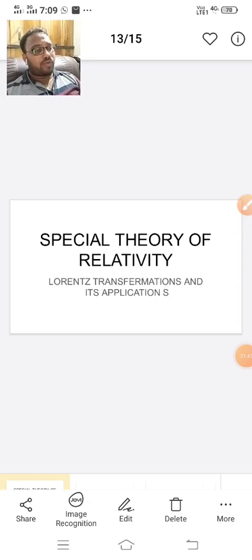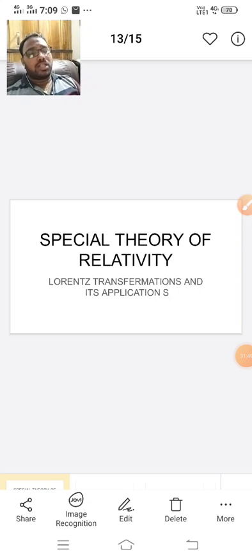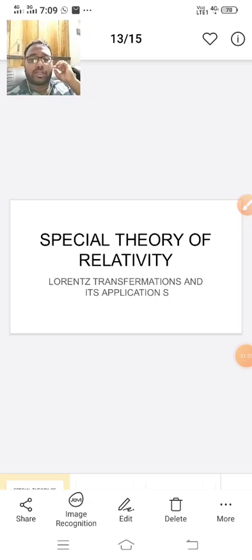This 4 vector formula is used to simplify the complicated mathematical vectors in the special theory of relativity. So these are the main key points and the important questions in the special theory of relativity for long and short questions in semester 1.